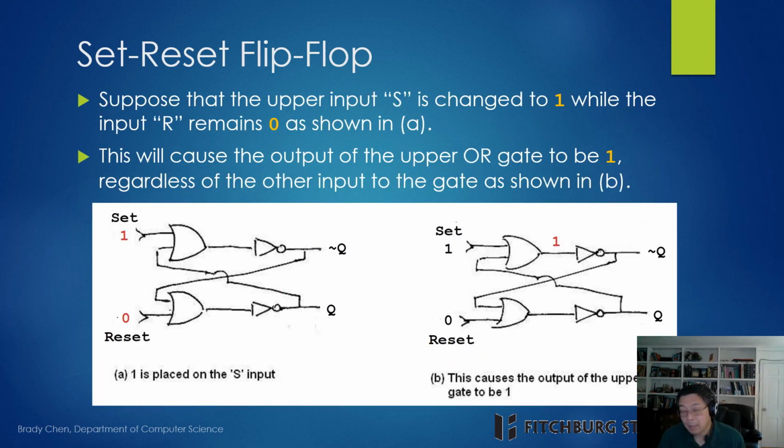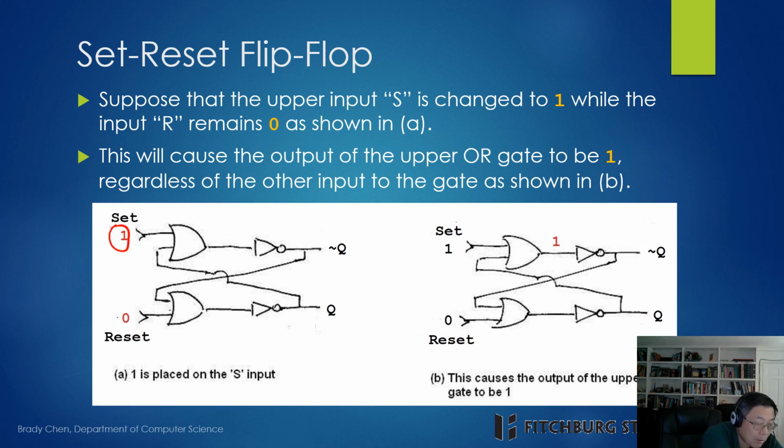Okay, let's summarize whatever we talked about in the previous slide. Initially, the flip-flop is in storage mode, which means both the set and the reset inputs are set to 0. Now, in order to change the stored value, we change the set value to 1.